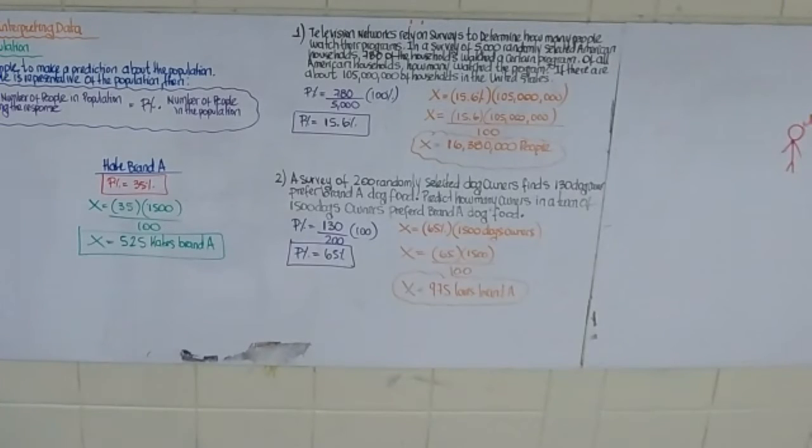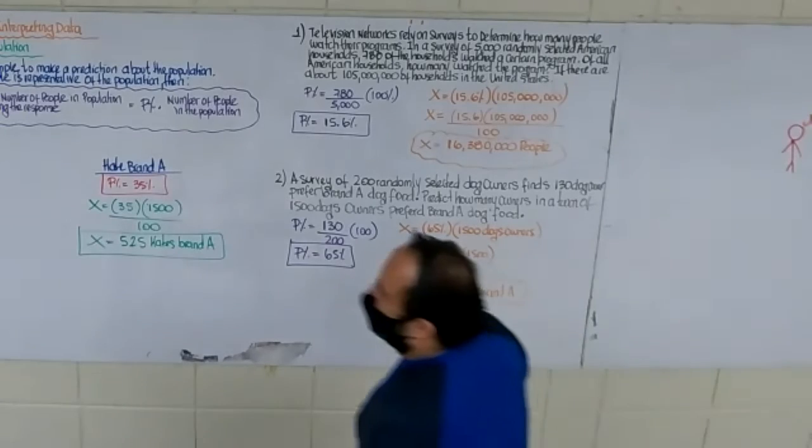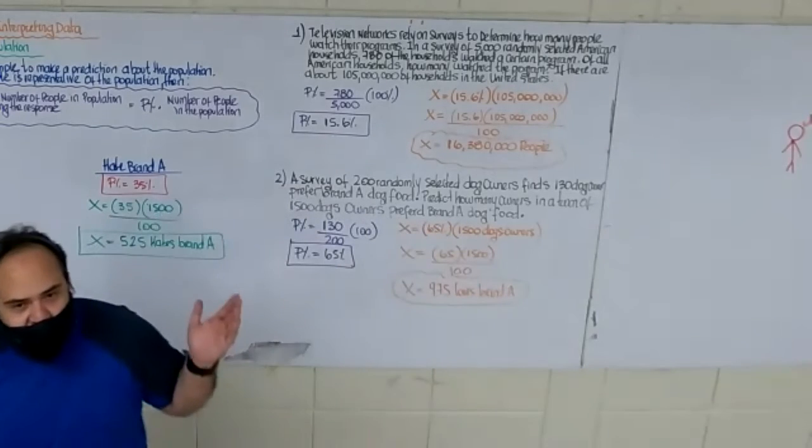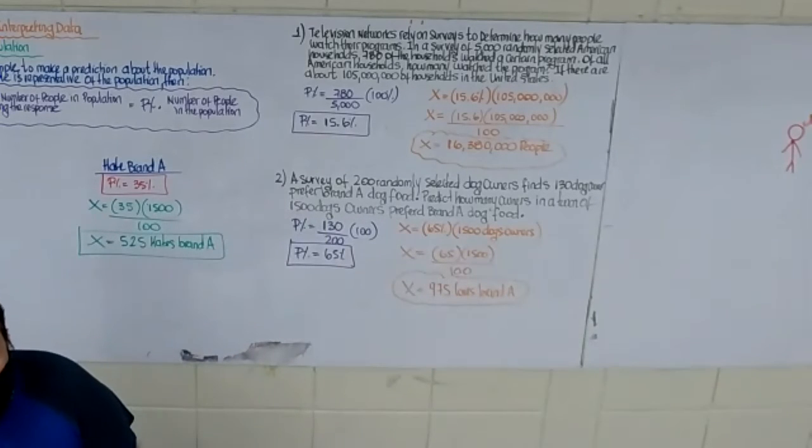What will be the total? 1,500 dog owners. This is the distribution of the population of dog owners. This is how we're going to predict the population. Understood?